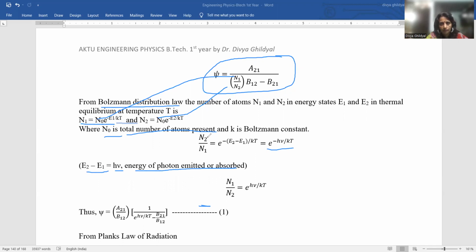What have we done? N2 upon N1 was e to the power of minus h mu by KT. So we just reversed and wrote it as N1 upon N2 equal to e to the power of h mu by KT. We put this value of N1 by N2 here and then we get this expression.